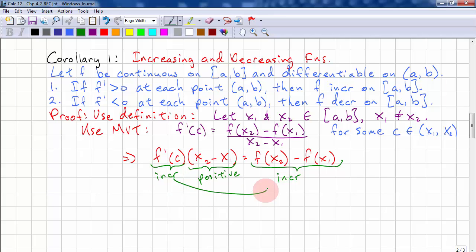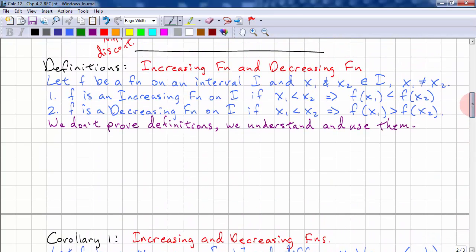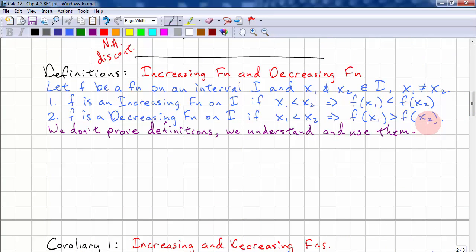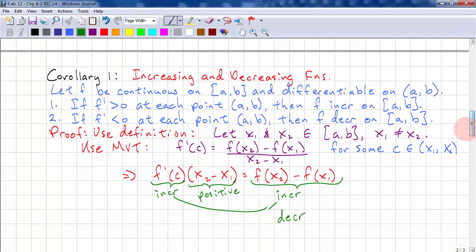So these two must match. If this is decreasing, f of x2 minus f of x1 is going to be less than 0. And we have this condition. So decreasing, both of these must match.